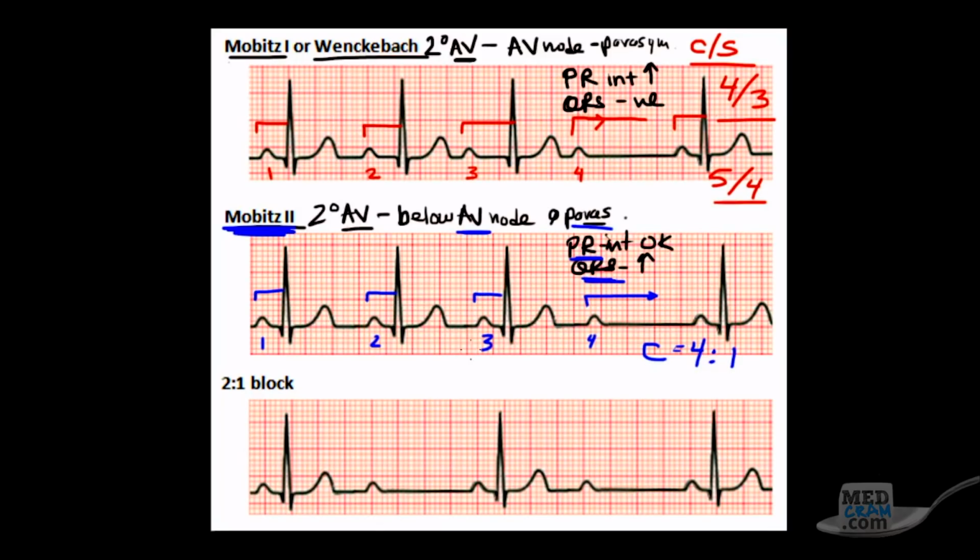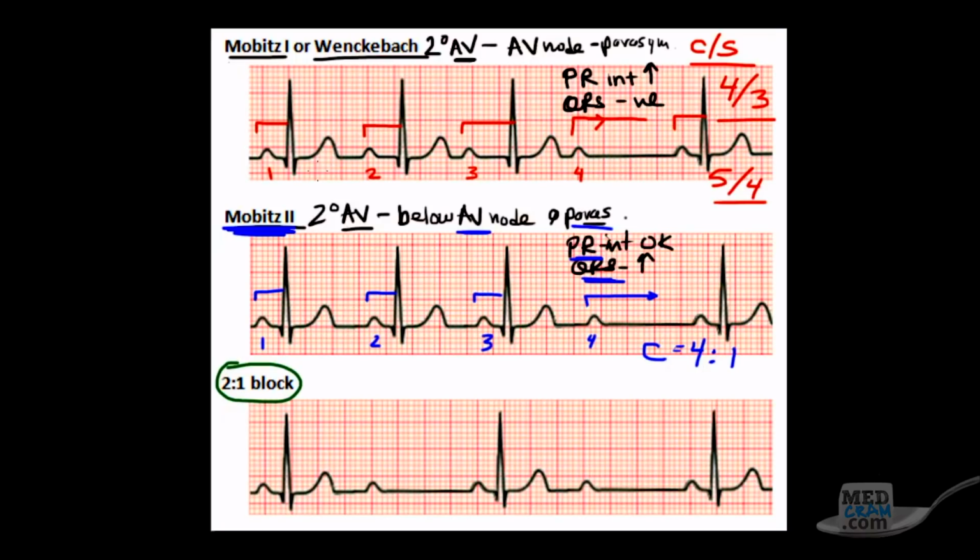So that's an interesting distinction because what we could have, if time would allow here, is a 2-to-1 block. Now that's going to be very difficult because remember what we have in Mobitz type 1. In Mobitz type 1, we're looking for increasingly long PR intervals. Well, what happens if the block is such that you get one conduction and then you don't get any conduction? And then you get one conduction, and then you don't get any conduction.